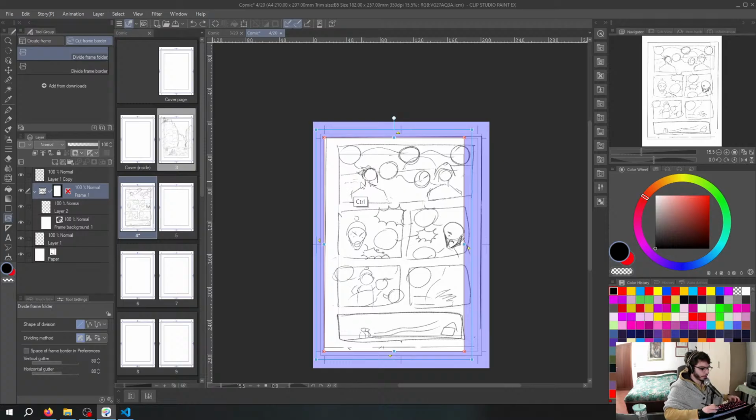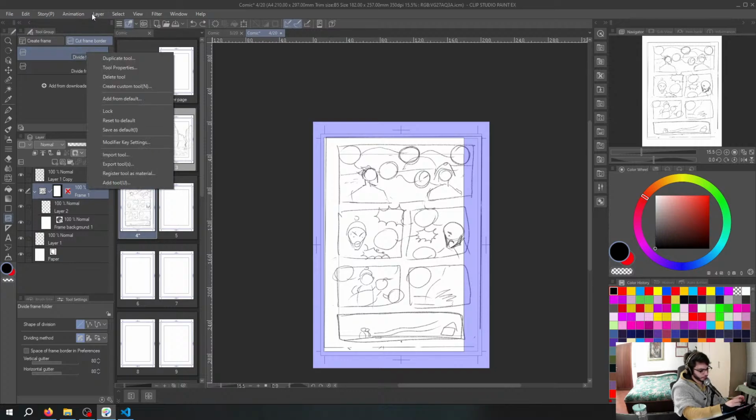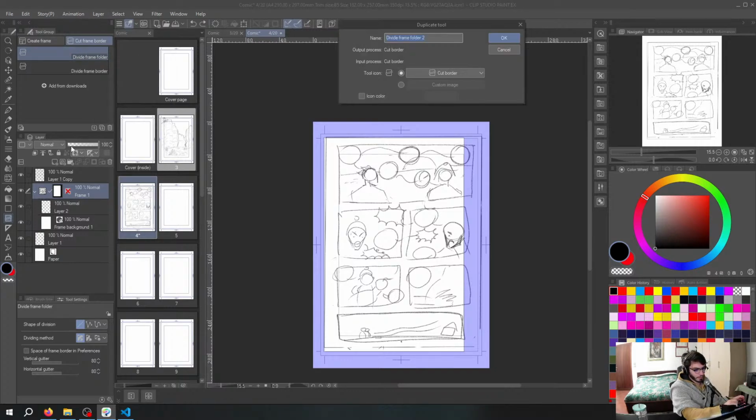Can I duplicate this? No, I didn't want to duplicate the frame, but let's say vertical frame divider.